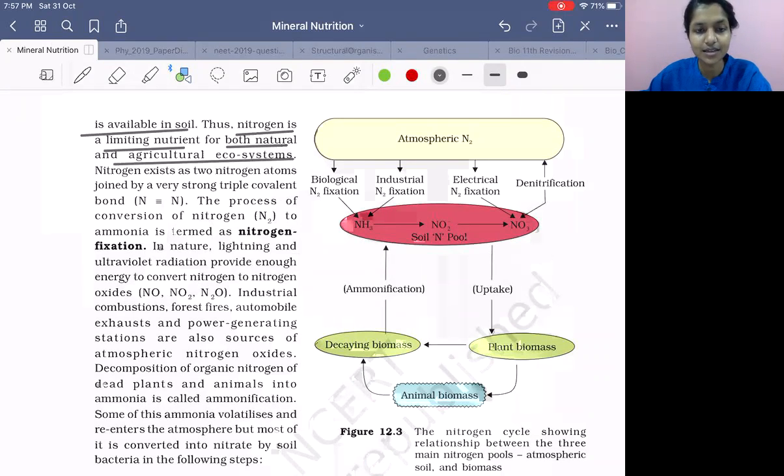Natural and agricultural ecosystem means for plants also it is limited. For the bacteria in the natural ecosystem, which will come and decompose the dead matter, for them also it is limited, right? So there is a competition all the time.